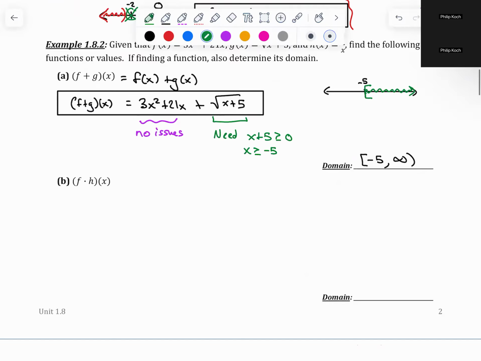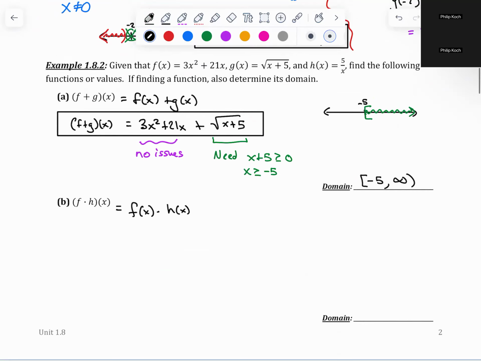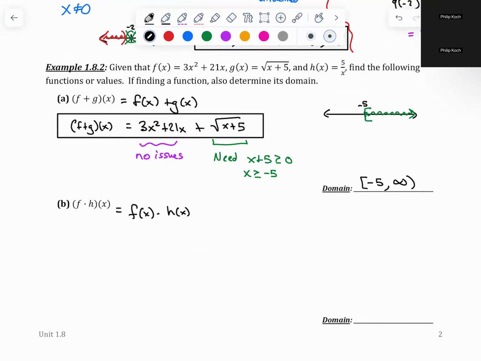So f times h of x, we're finding a function here. So this is by definition, f of x times h of x. And so f of x is 3x squared plus 21x times h of x, which is 5 over x. Before simplifying, because if you simplify this, you might notice that there's a common factor of x inside of f, right?